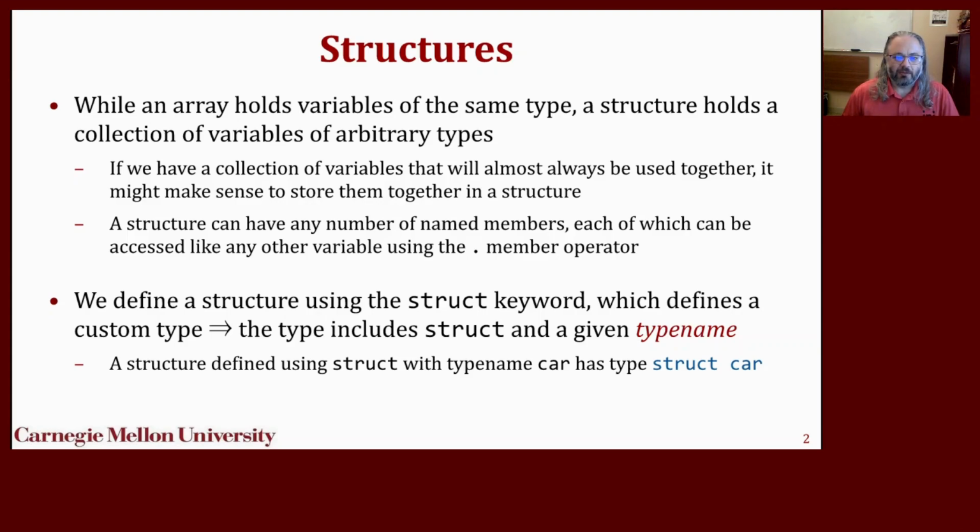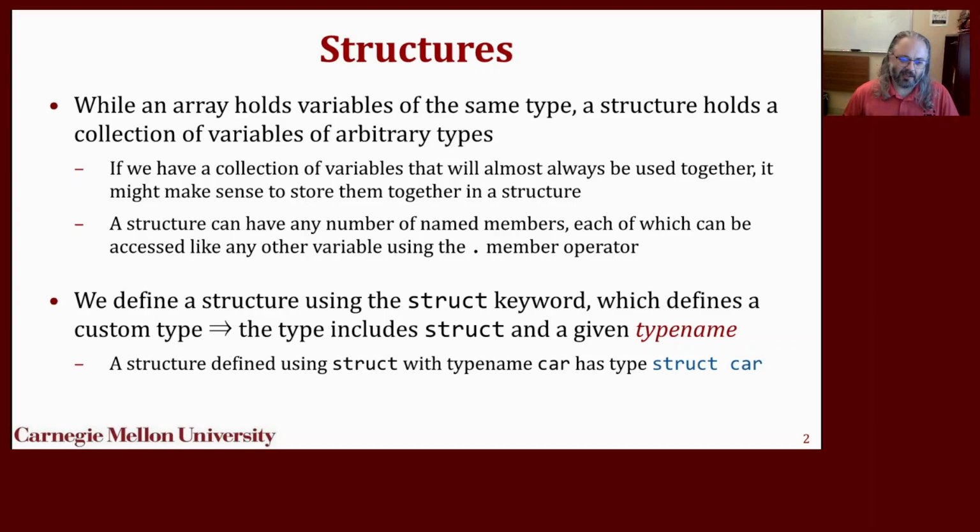The way we define a structure in C is to use the keyword struct. Structures are often called structs. Struct is essentially a way to define a custom type, and the type is going to include the keyword struct along with a given type name.